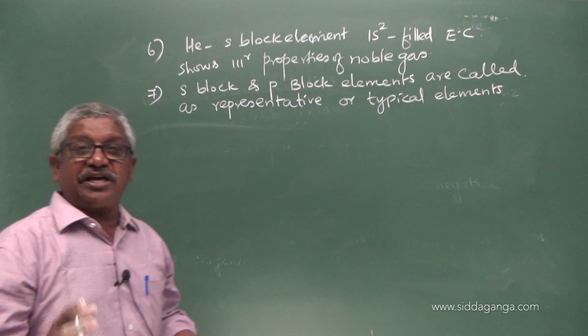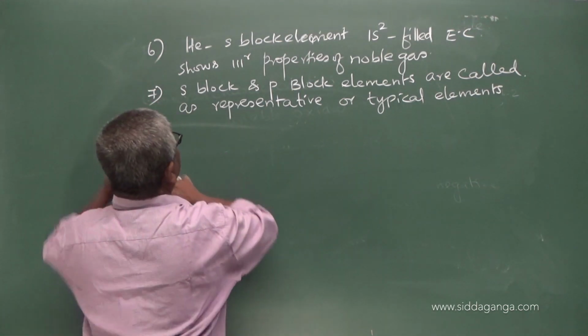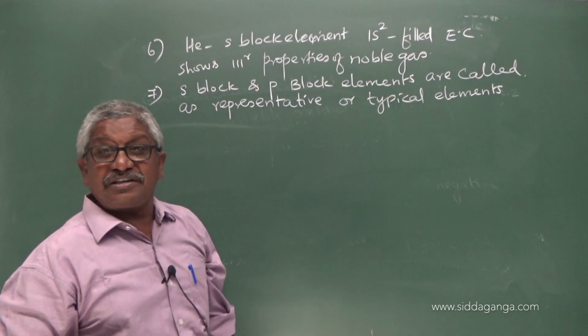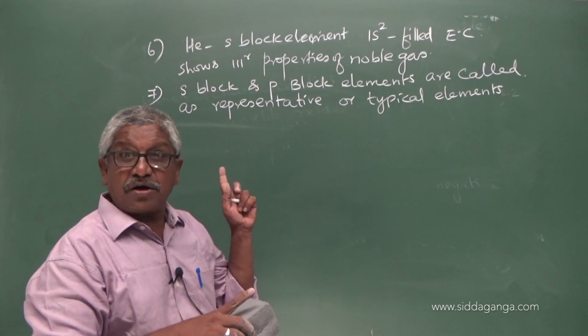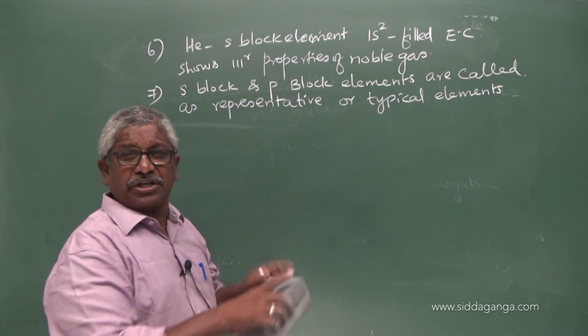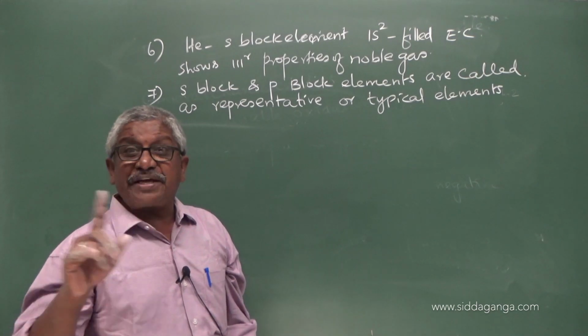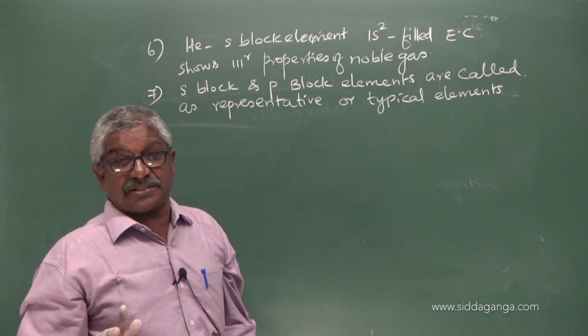So this is about the P block. Which are called representative elements? S block on the extreme left and P block on the extreme right, both are called representative elements or typical elements.